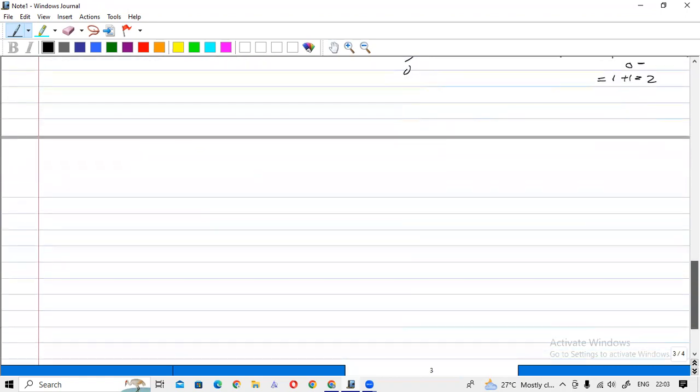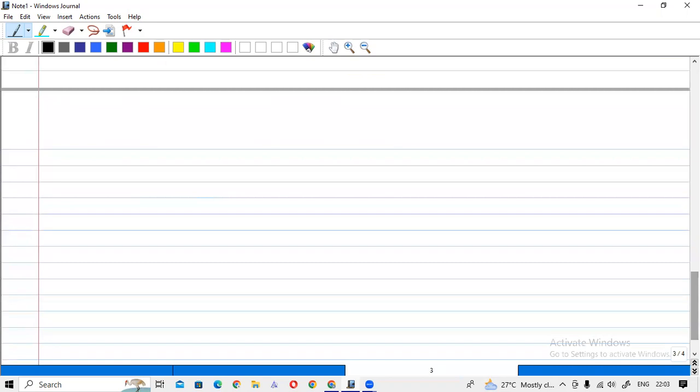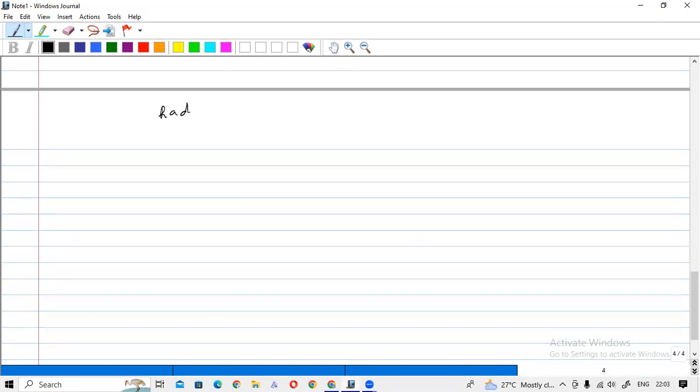Now we have to find what is called radiation intensity. This is also a very important parameter.